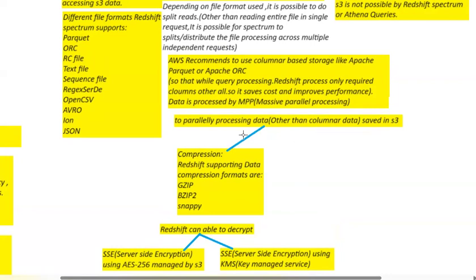AWS recommends the file size be between 64 megabytes and 1 gigabyte, keeping the file sizes consistent so that Redshift can process all the files in parallel in less time.